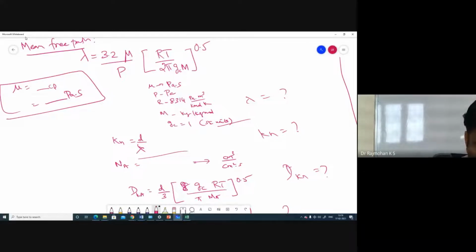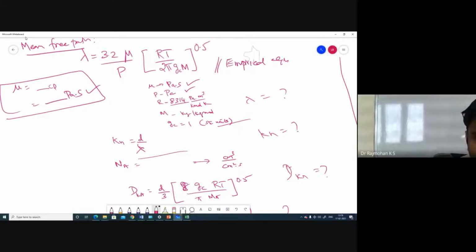In this formula, you have to substitute the values as mentioned. As I said, these are all empirical equations, and it is important that we follow the specified units. Mu should be in Pascal second; that's why I asked you to convert to Pascal second. P should be in Pascal. R should be accordingly; usually we substitute 8.314, but here you have to substitute in Pascal meter cube per kilomole Kelvin, so 8314 you have to use.